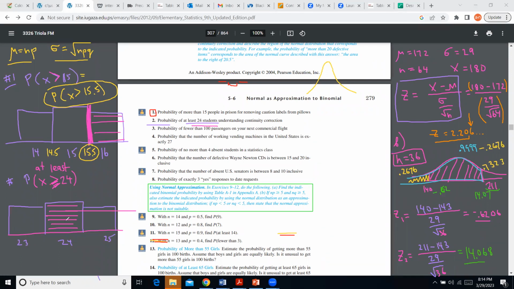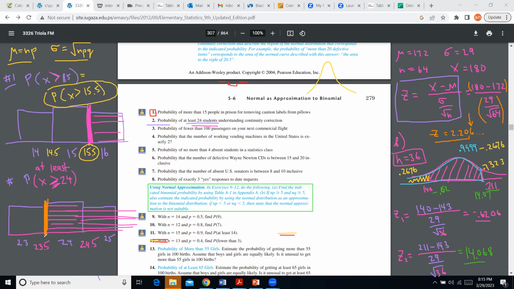Or greater means we can also continue all the way to the right. So here's 23 and a half in between 23 and 24, and 24 and a half in between 24 and 25. It looks like here we have the border. You see that border?